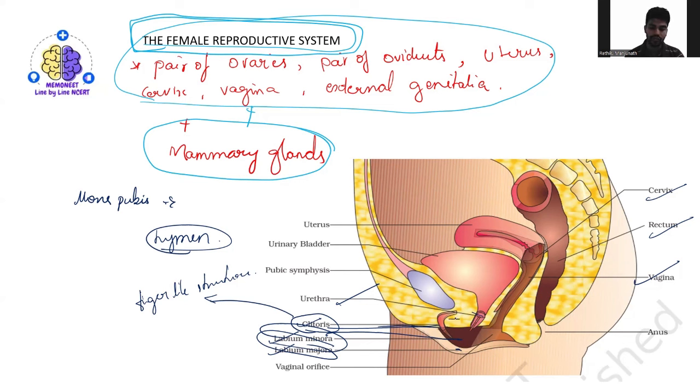The hymen region is somewhat like a covering region. It is often torn during the very first intercourse.